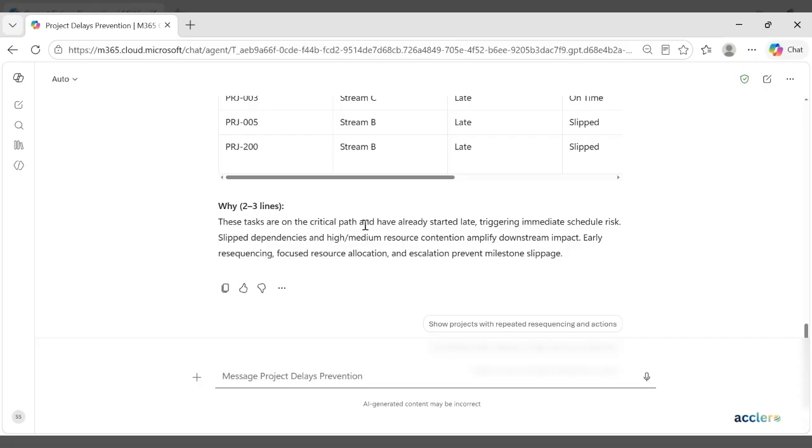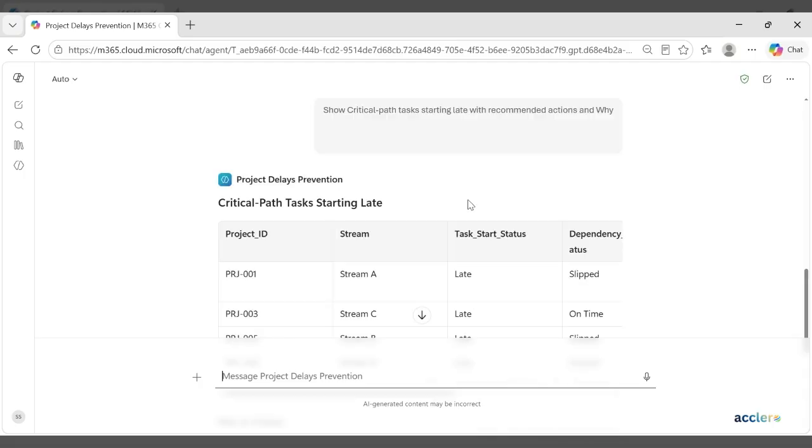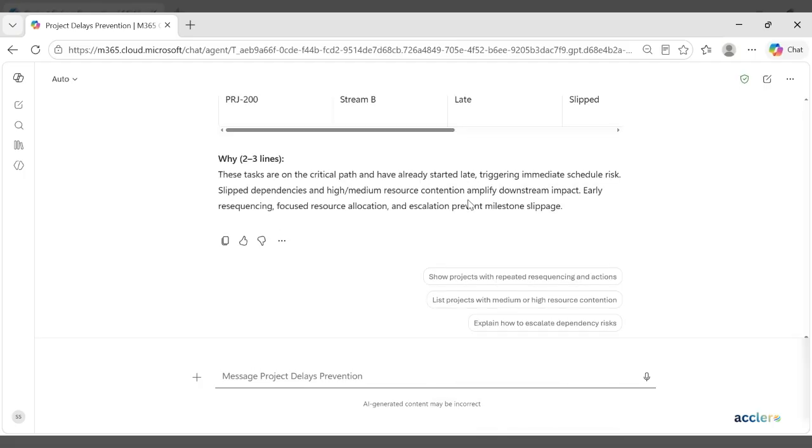So this early resequencing focuses on the resource reallocation or pausing the low impact work, and it prevents the downstream schedule slip. So by acting during the execution instead of after the failure, this agent will improve the schedule predictability, reduce the delay, and ensure better on time delivery with fewer escalations.